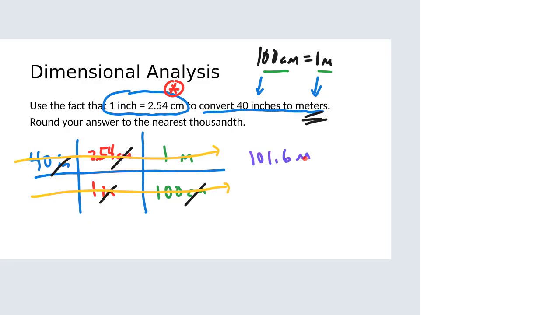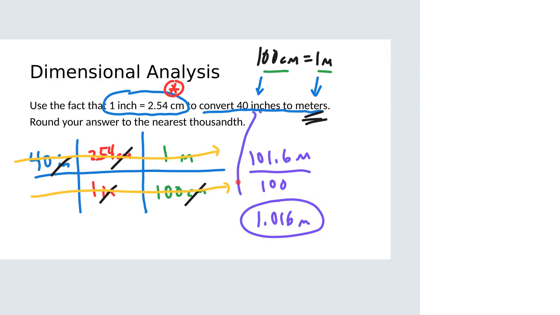And I have meters, so I'll keep those. On the bottom, I have 1 times 100, and that's just 100. I don't have any units down there, so it's just 100. And then the last thing I'll do is go ahead and divide by 100, and I get 1.016 meters. So if I want to convert 40 inches into meters, 40 inches is going to be the same thing as 1.016 meters.